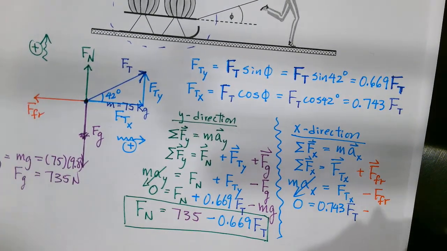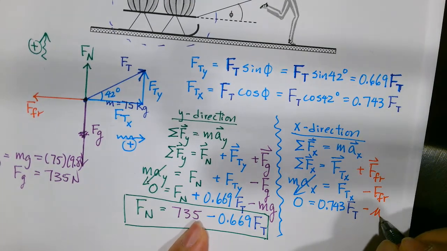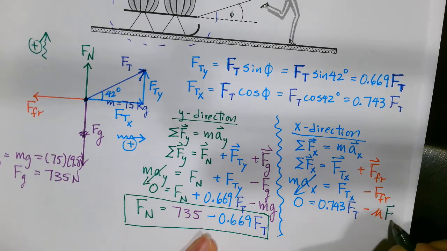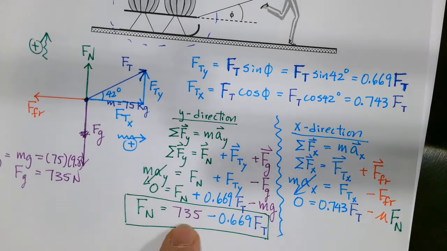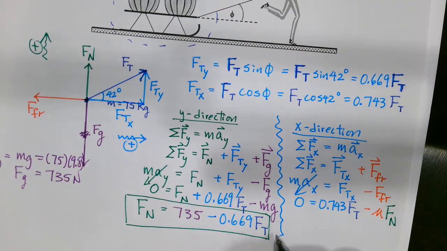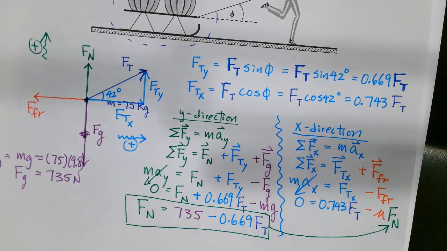Minus mu times F normal. This is F normal, and that has to be substituted in here.